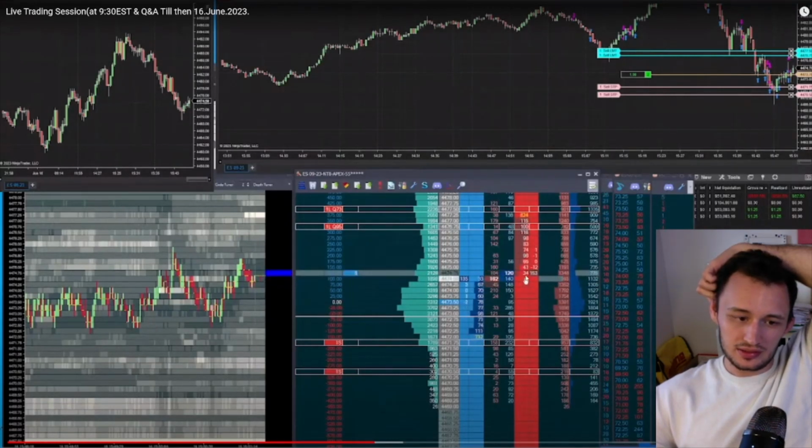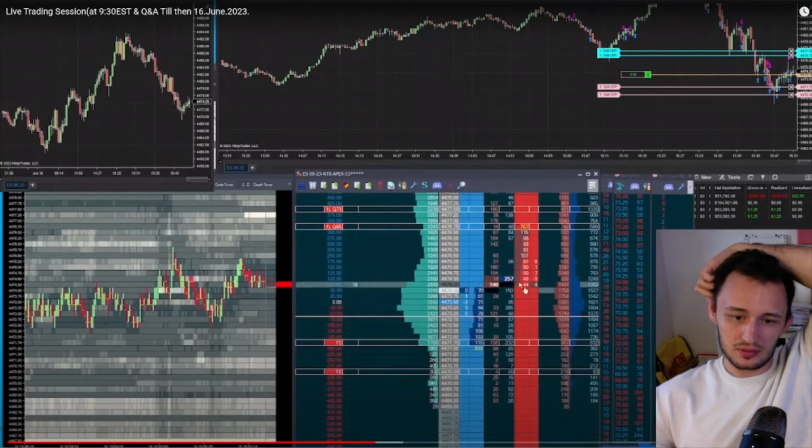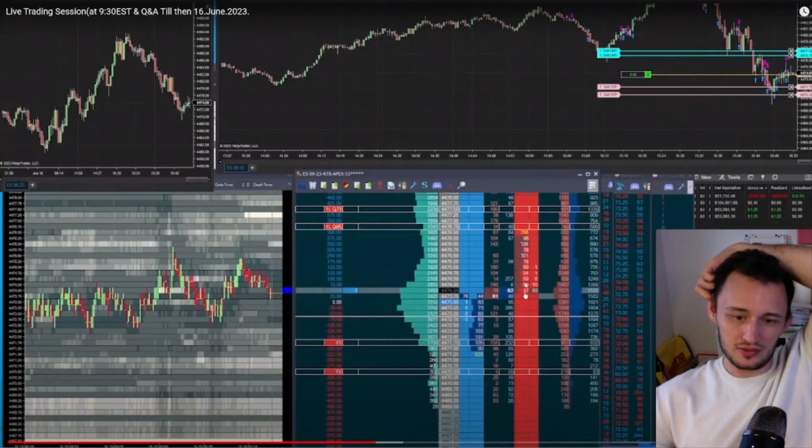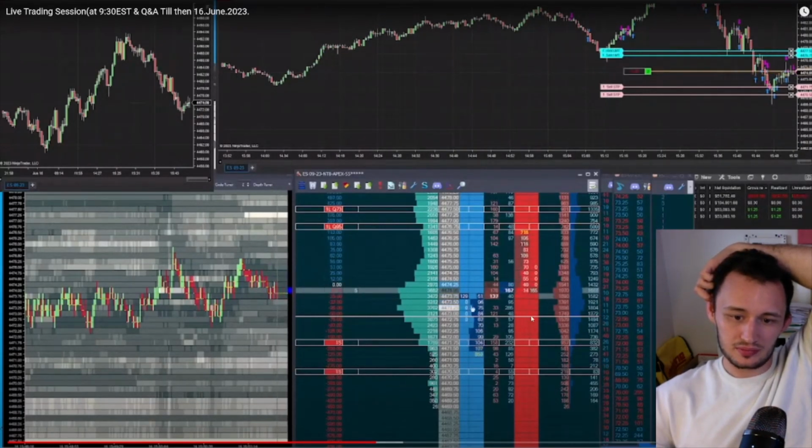We have sellers sitting here absorbing the 75s, so I should really pull contracts, at least pull out the one contract. I should keep on pulling one in the 75s and adding on pullbacks.